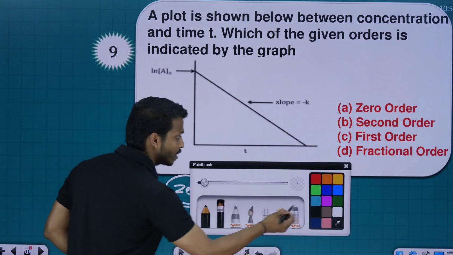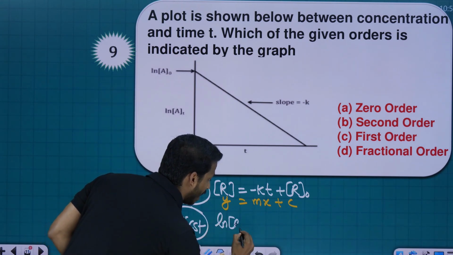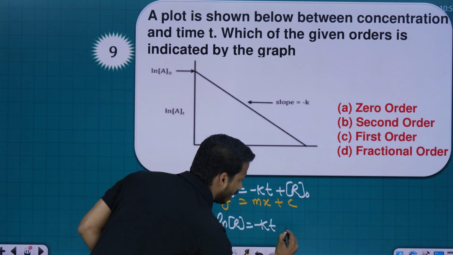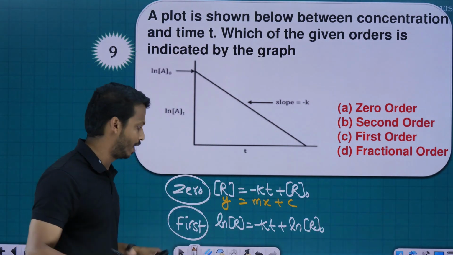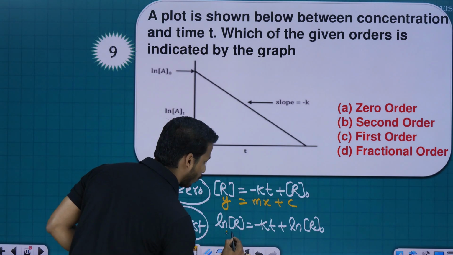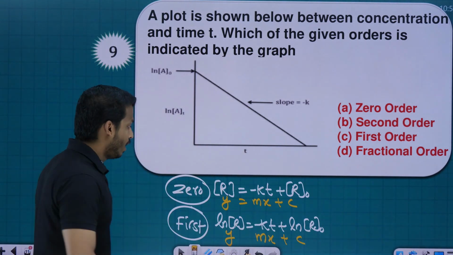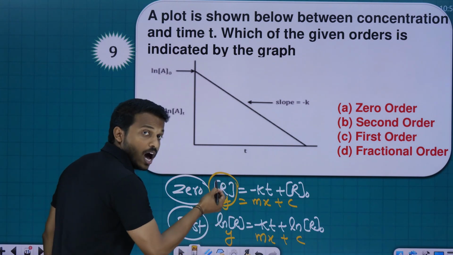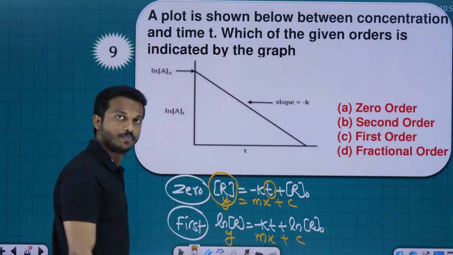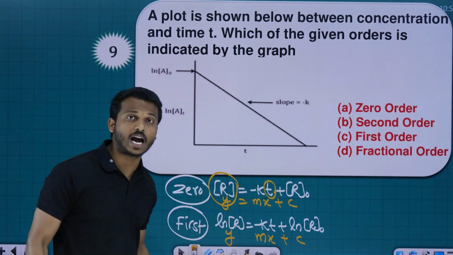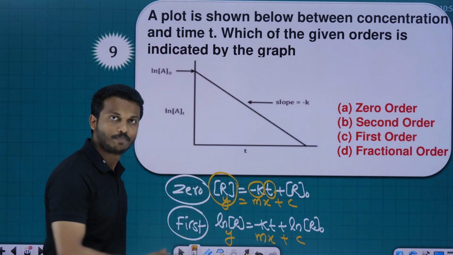But for first order reaction, there is a small change, that is ln R is equal to minus kt plus ln R naught. One log term comes, that's it, natural logarithm. This is also in the format of y equal to mx plus c. So if R is plotted versus time, you understand it is zero order with a slope of minus k.